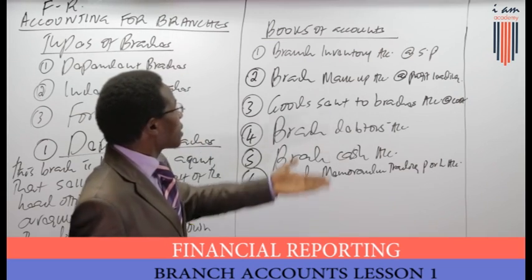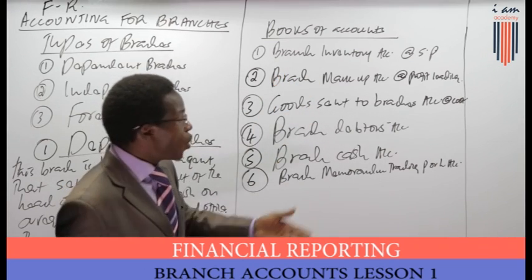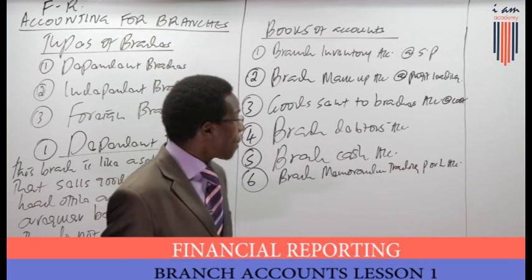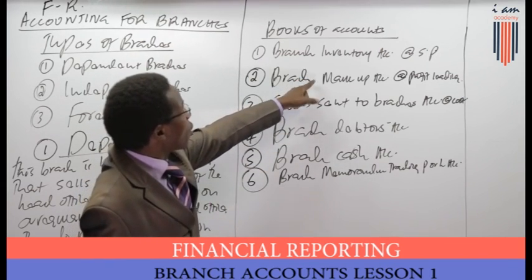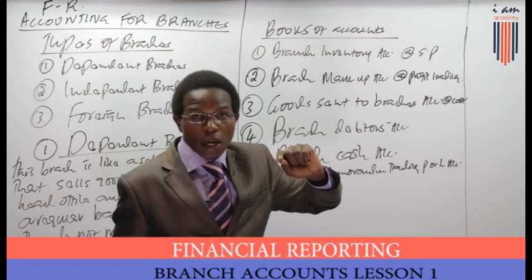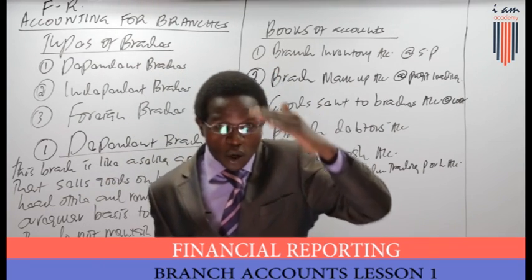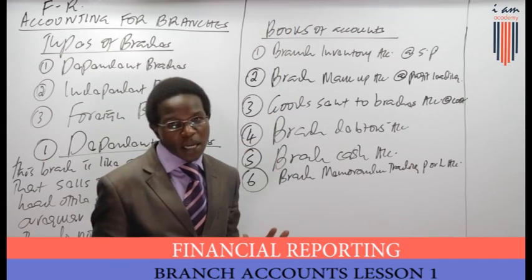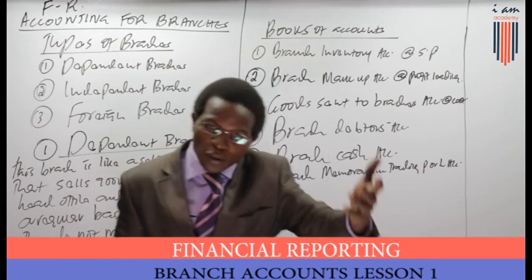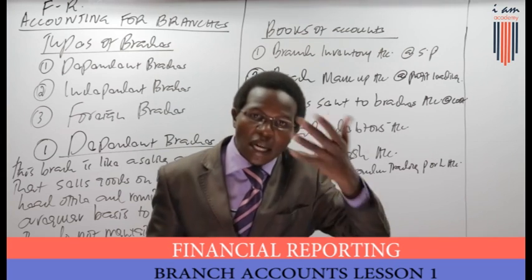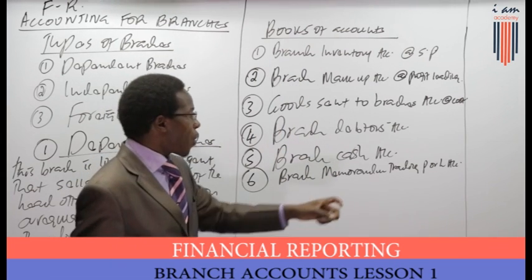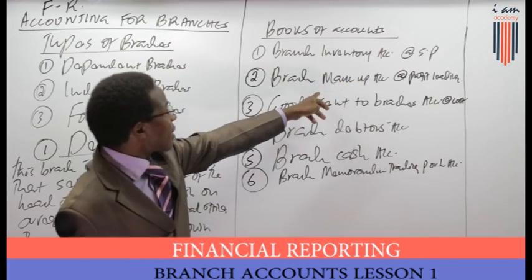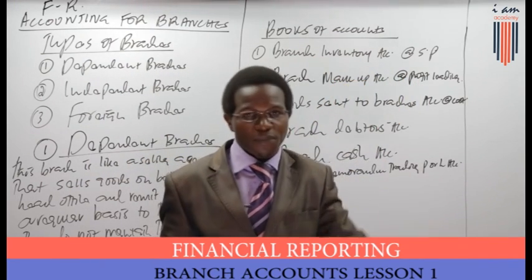We can simply start with the gross profit. We don't need to start with the trading account. We can do the profit or loss account, whereby we are determining the gross profit from our branch markup account. So we start from the gross profit, we less the expenses. Alternatively, we can simply start from the beginning: the sales, we less the cost of sales, we get the gross profit like that. But the gross profit we get in the trading account is the same gross profit that we must have got in our branch markup account.